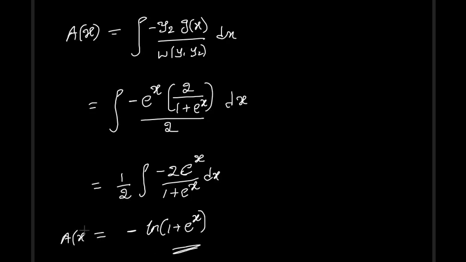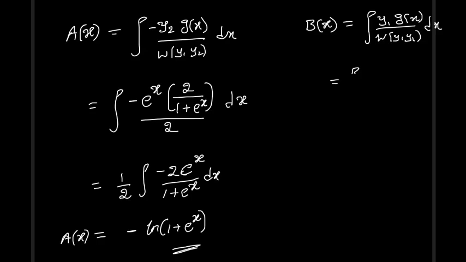And now you go for finding b of x. What would be b of x now? Integral of y1 into g of x by Wronskian of y1, y2 into dx.